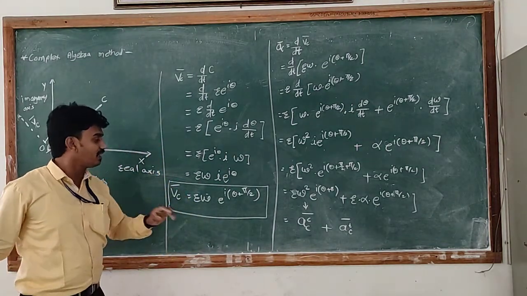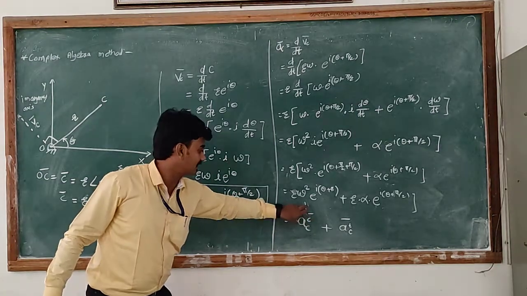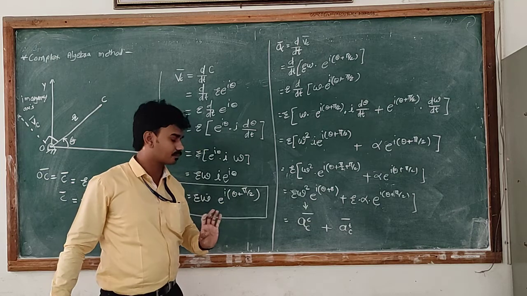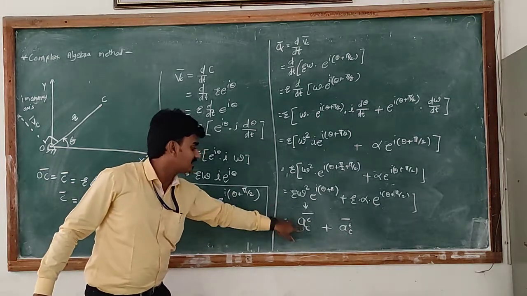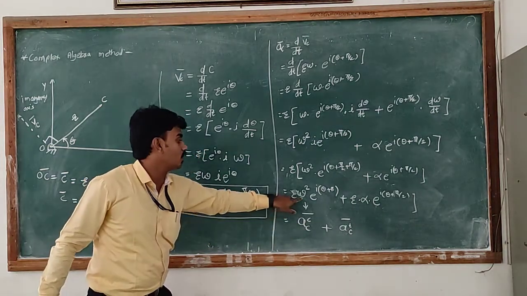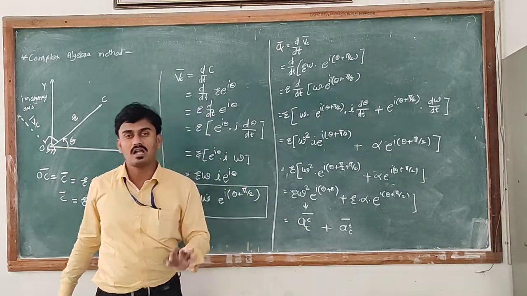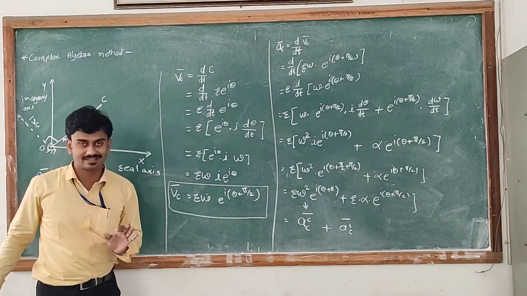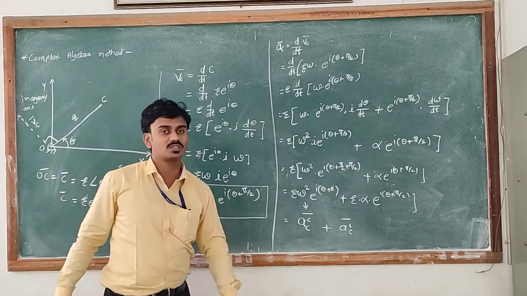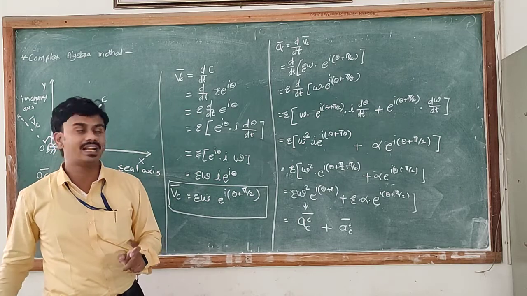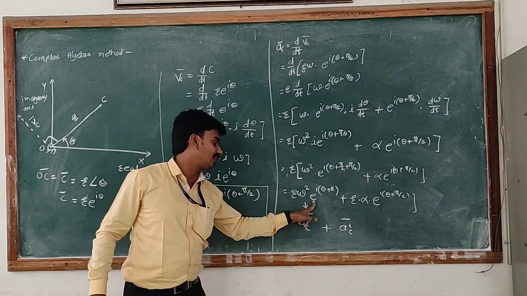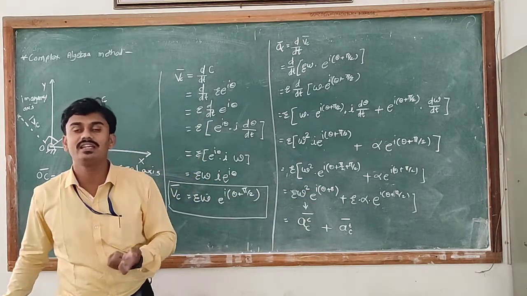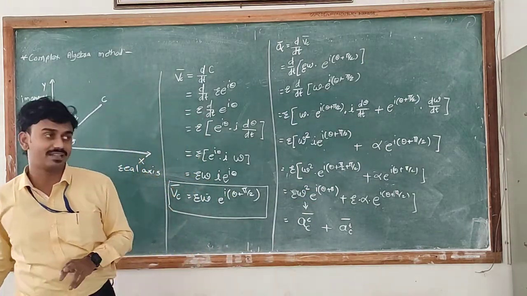Okay, if we compare this term here in centripetal acceleration, r into omega square is the magnitude of the centripetal acceleration, and e raised to i theta plus pi is the direction of the centripetal acceleration.